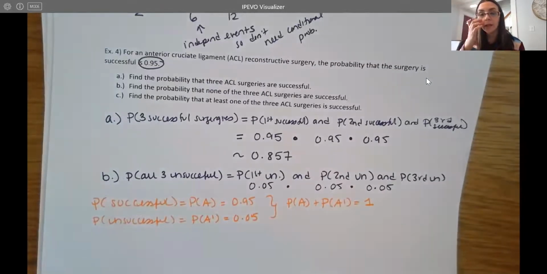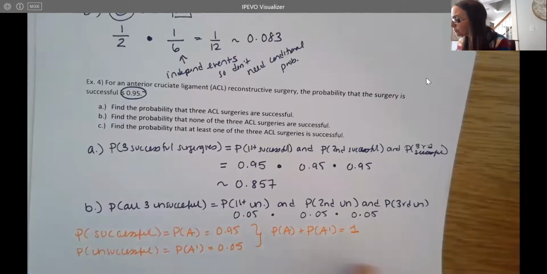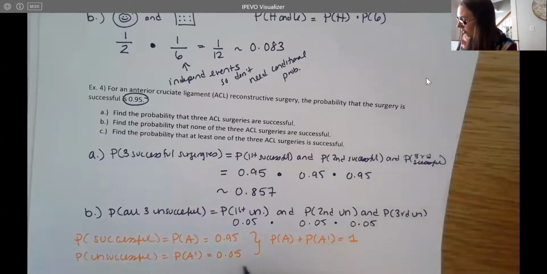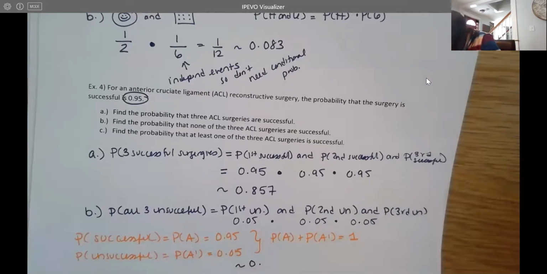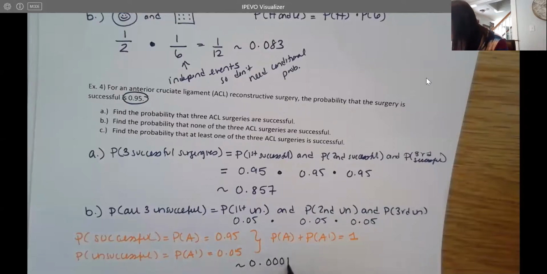So these can be sort of like little puzzles. You want to really think about what you know here. You must have enough information somewhere to figure this out, right? So think about what you know, use all those tools in your toolbox and see if you can figure it out. So here, I have my work done out. It's about 0.0001.